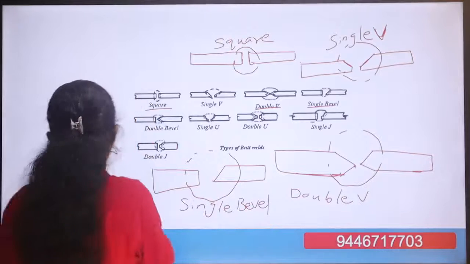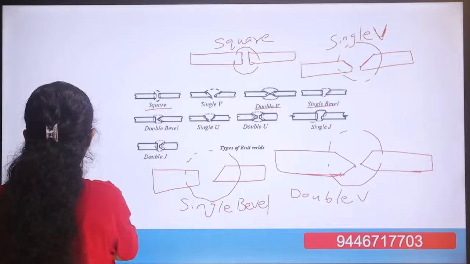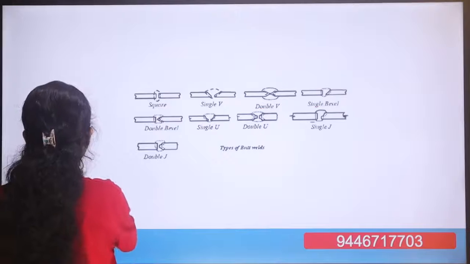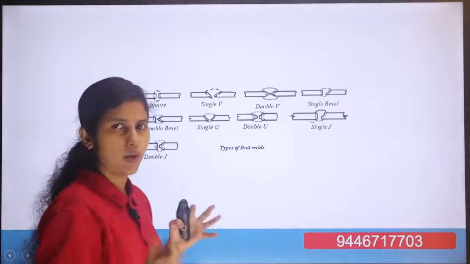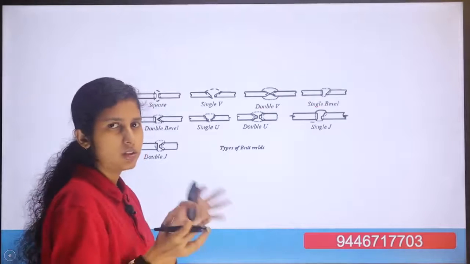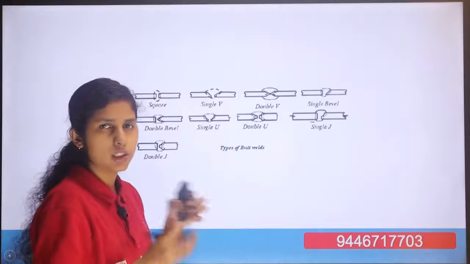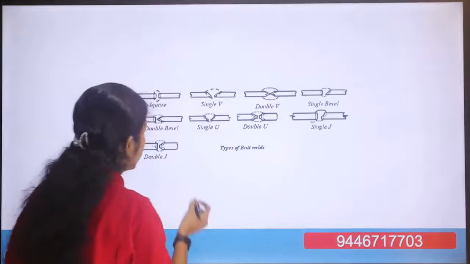Next is the double bevel. One plate is square and the other plate has two sections in V shape.